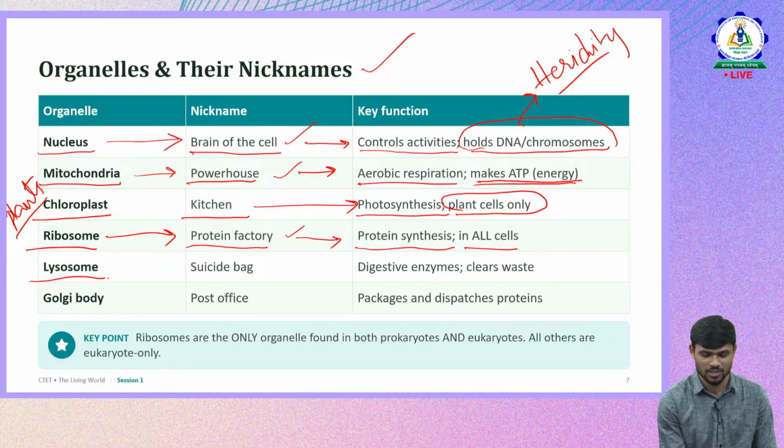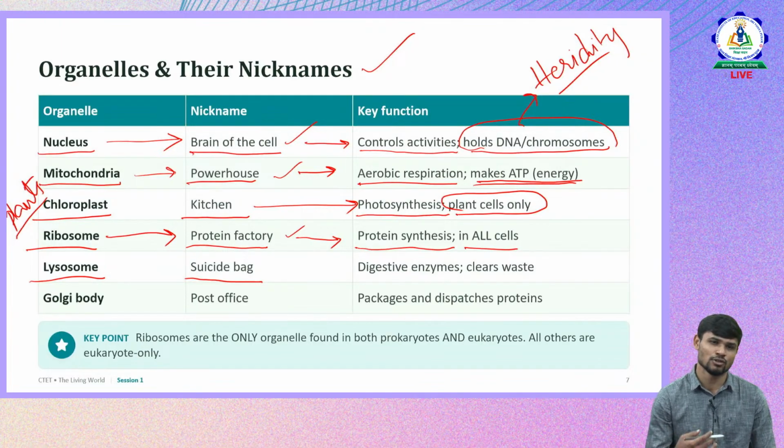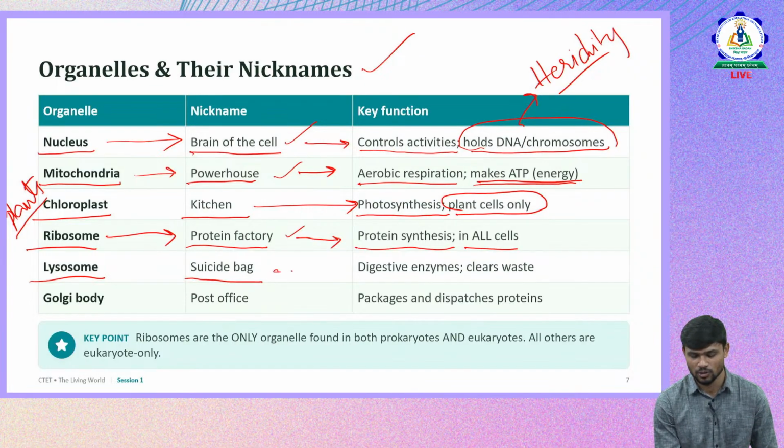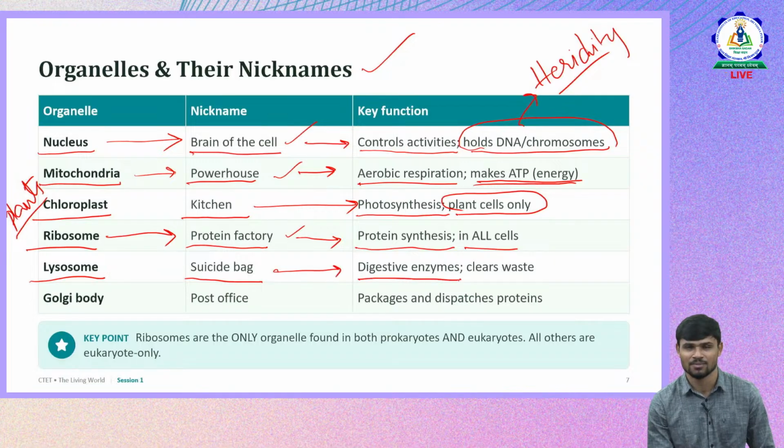Then lysosomes, they are suicidal bags. Suicide means related to killing of an organism, self-killing. This is why lysosome is called a suicidal bag, because they have digestive enzymes to kill their own cell and kill some other organelles if they are not functional or if they are damaging the other parts.